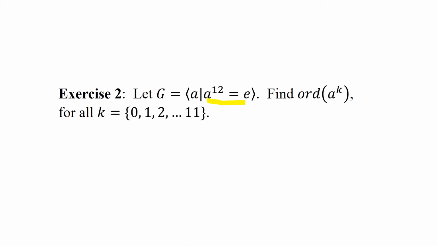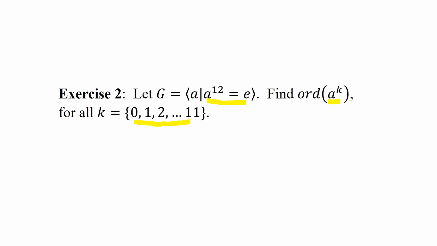A to the 12th is the identity. A is a generator of this group, and so its order is 12. That tells me G is a cyclic group of order 12, and every element in G is of this form, A to some power. And what I'd like to do is to find the order of every element in this group, meaning I'm looking at A to the K for each possible value of K between 0 and 11.